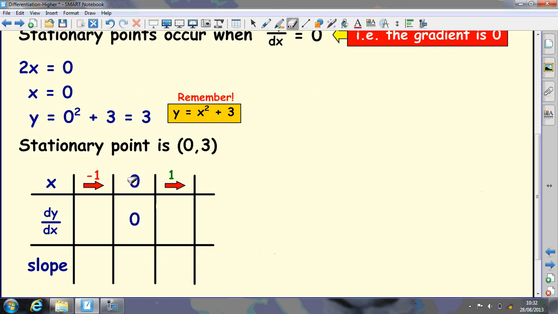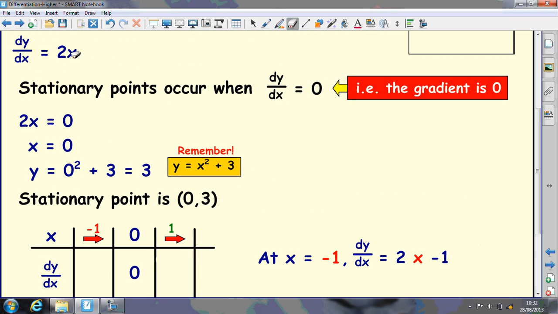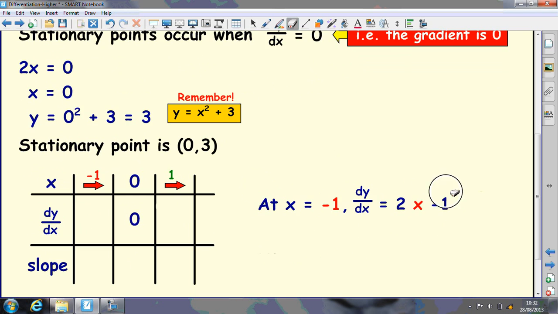So the gradient's 0 at the stationary point always. To find out what happens when you substitute these values in, we do that working at the side. So x equals -1, the derivative equals 2 times -1 because the derivative up here is 2x. So you're putting -1 into this, and that comes out as -2, which is negative. So that would be a negative there.